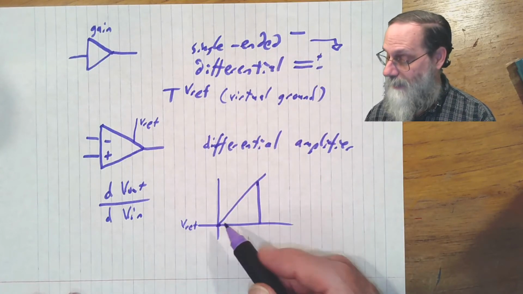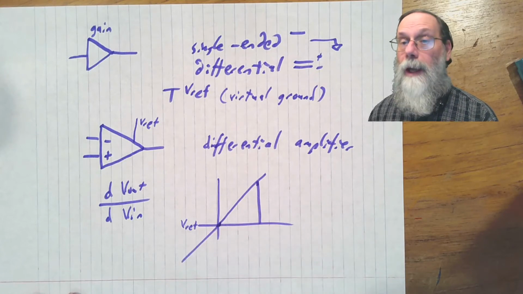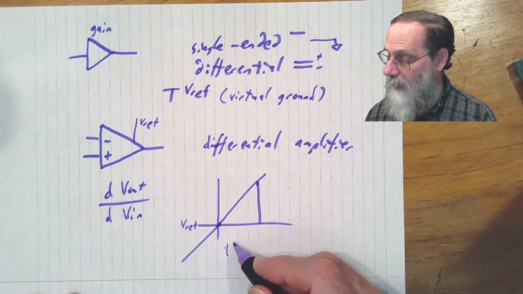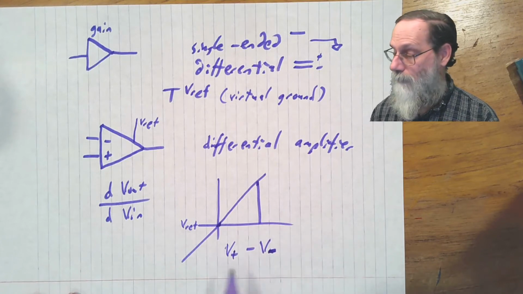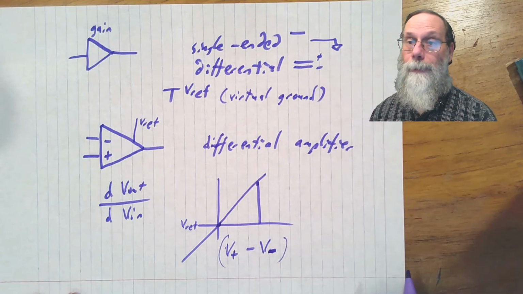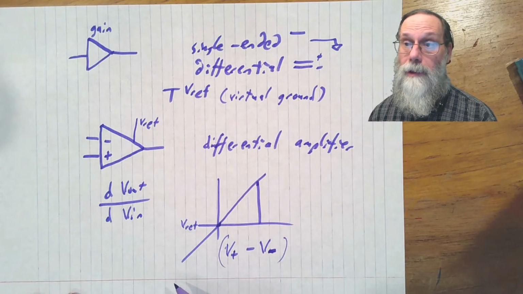We want to treat a 0 input as producing Vref at the output. And if we're talking about a differential signal here, what's on this axis might very well be V plus minus V minus, the difference between those two wires here.